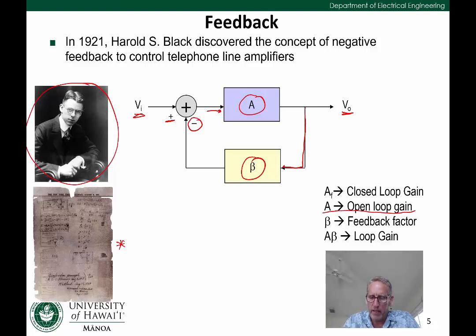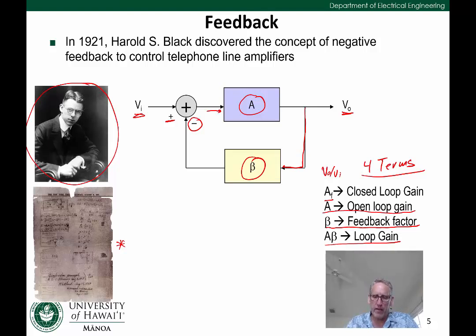So the term beta is called the feedback factor. And this term AF, which is just V out over VI, is what we'd call the closed loop gain. Now, we'll talk about loop gain in a little while, but these are four terms that you're going to need to know and need to remember. We're going to come back to these throughout the next few lectures.